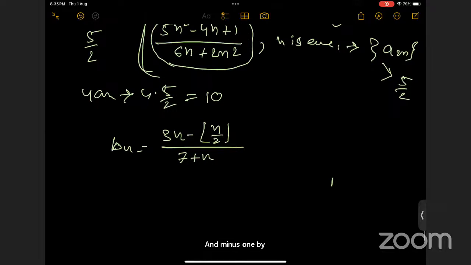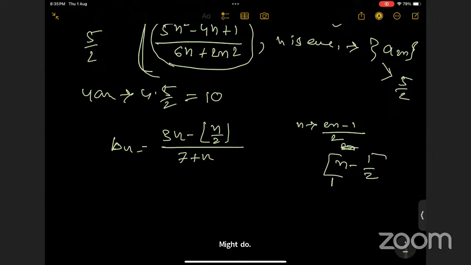Yes, this n is odd. That means it is something like 2n minus 1. So if we divide it by 2, it will be n minus 1 by 2. So if we take this function, it will be n, right?